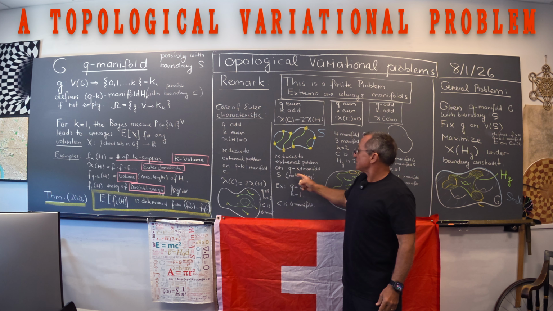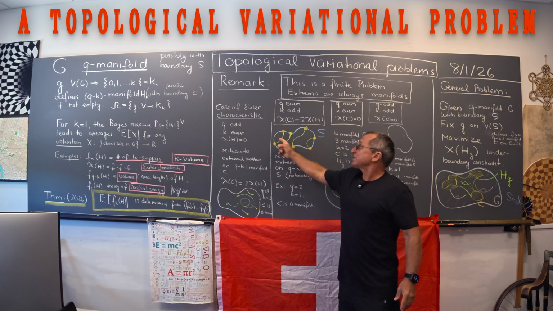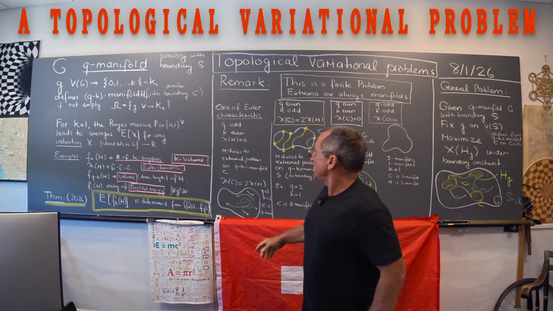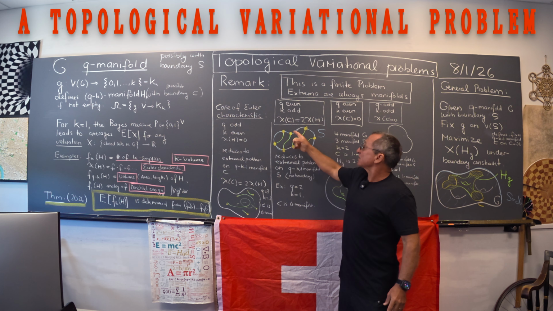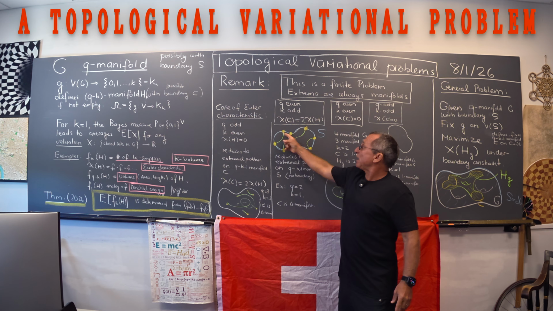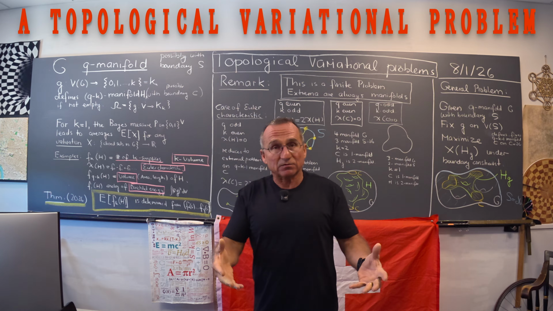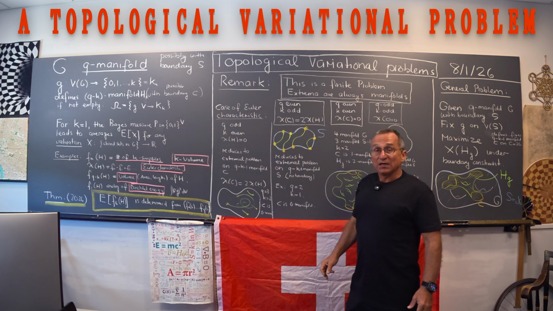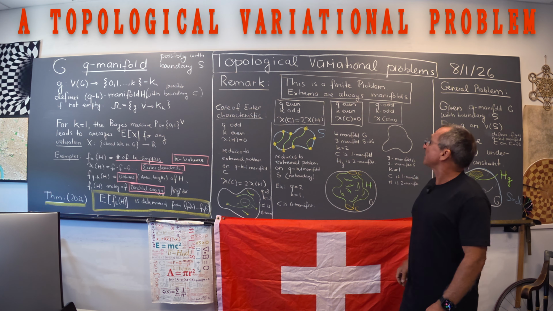In this case, k is equal to 1, and we fix points on the boundary and then want to find submanifolds. That's not interesting because they are linked. The Euler characteristic of the boundary is twice the Euler characteristic of the interior manifold. That's true in any of these situations where k is odd and q is even.